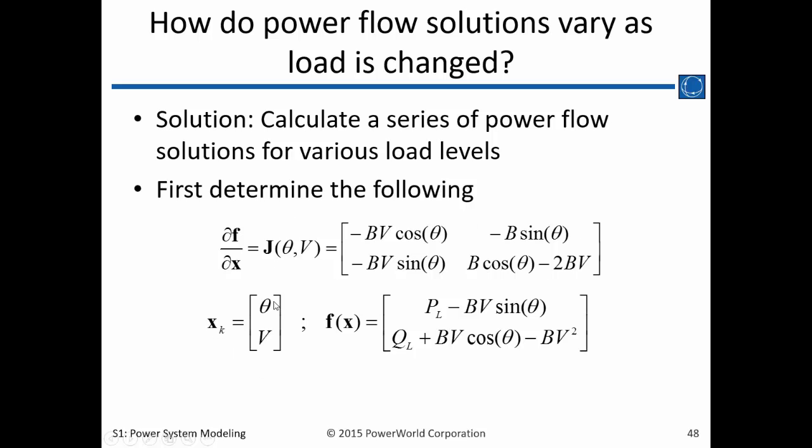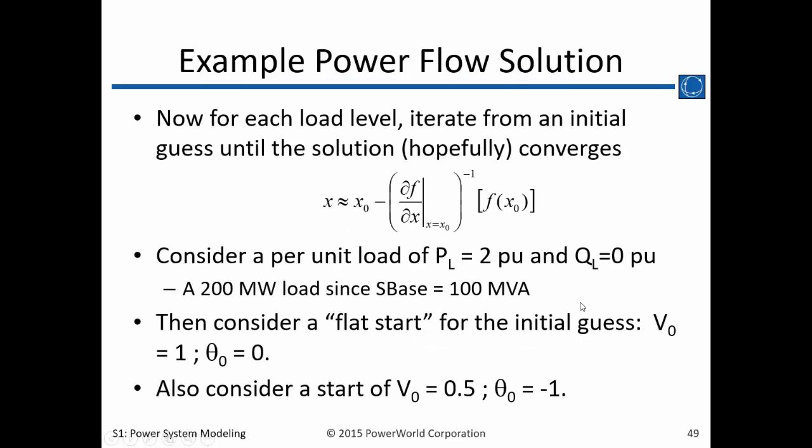Our x vector of voltage and angle, we have theta and V at bus 2. Our functions are, again, our two power balance equations at bus 2. So this is our function vector, this is our x vector of voltage angle and magnitude, and this is our Jacobian matrix of these equations derived with respect to both theta and V.